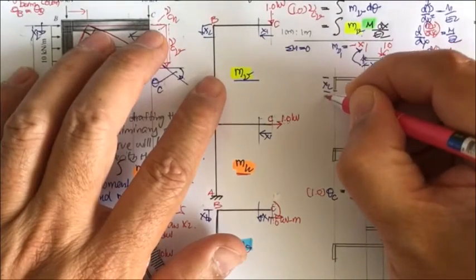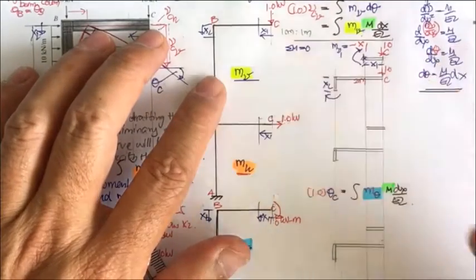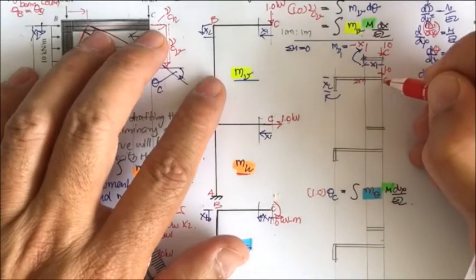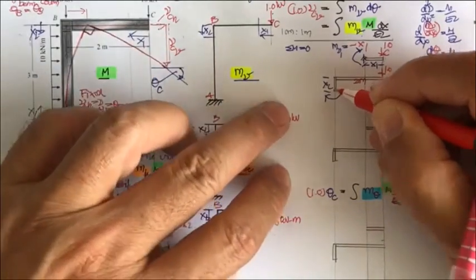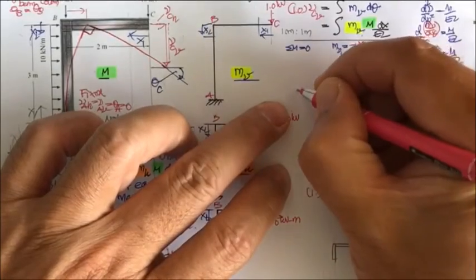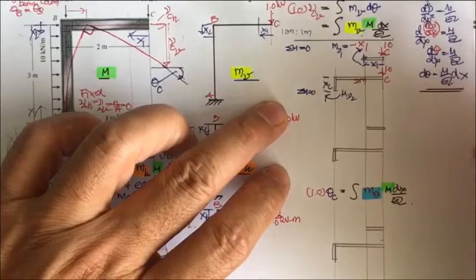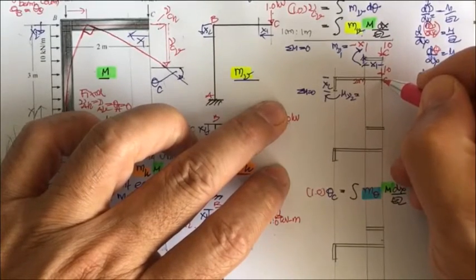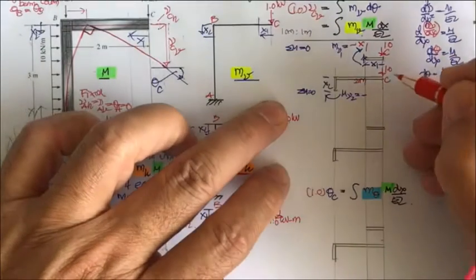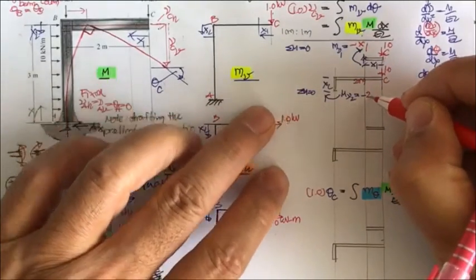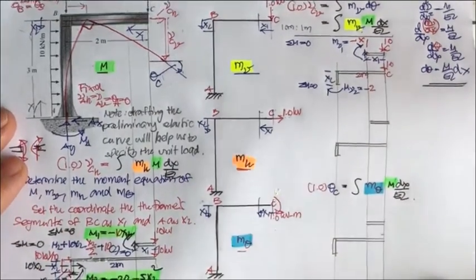And then you come over here, and this time this frame is 2 meter, and the moment arm gonna be from here to here, and for m sub v2, summation of moment equal to 0, m sub v2 gonna be equal to minus 1 times 2, minus 2. Okay, so that is the first set that we get.